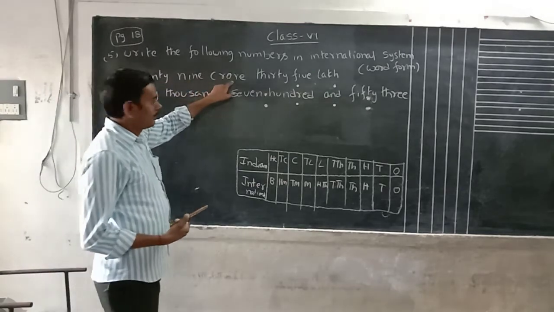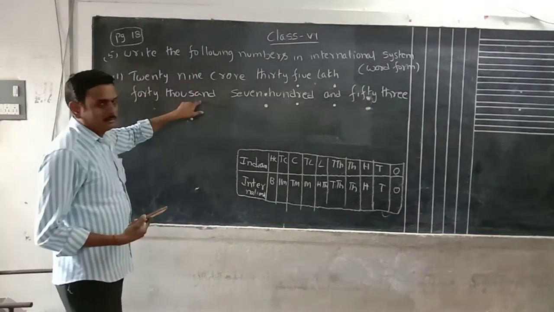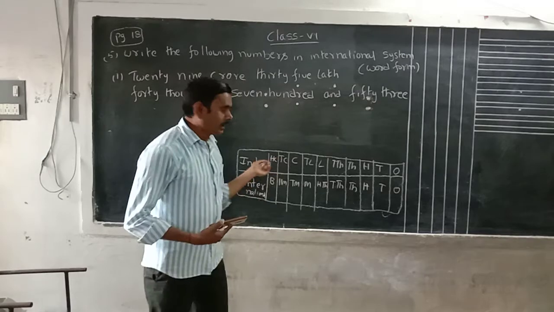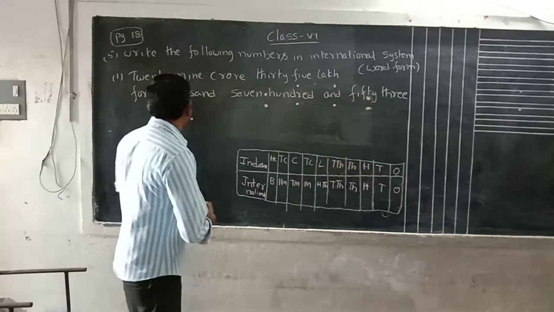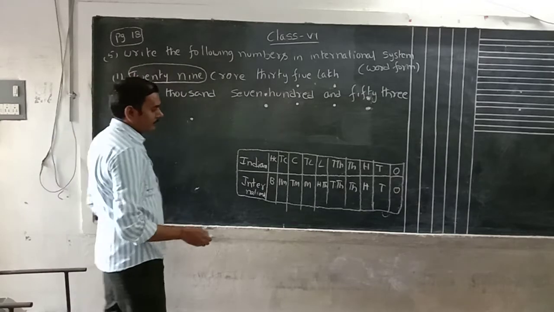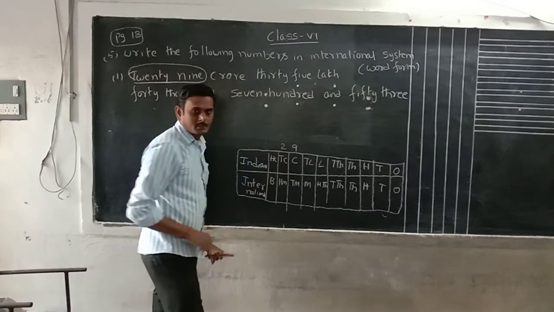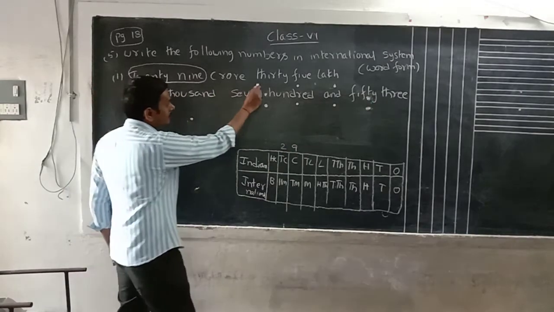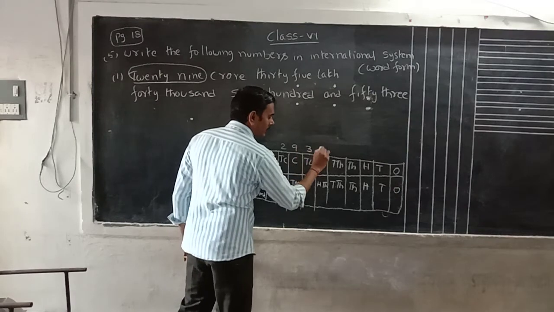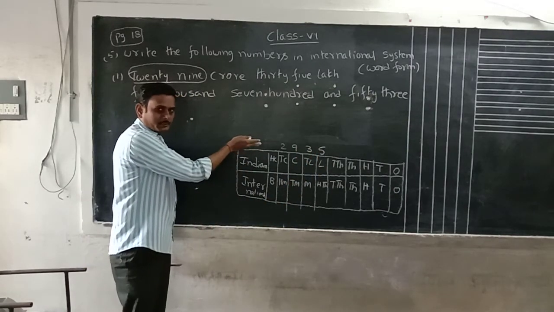29 crores, 35 lakh, 40,700 and 53. You have to arrange the number here. 29 crore means 29, that is 2 digits. 35 lakhs, 35 is also a 2-digit number. The Indian system is given to you, so that is the Indian system side you have to write.